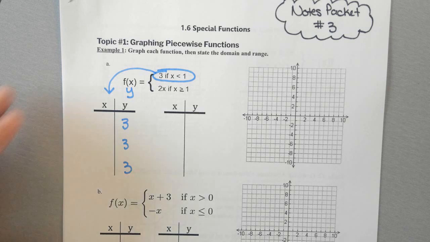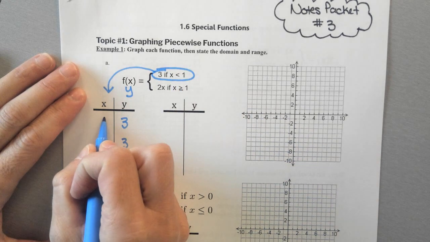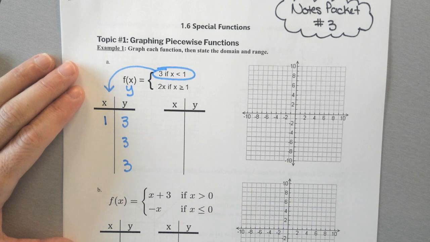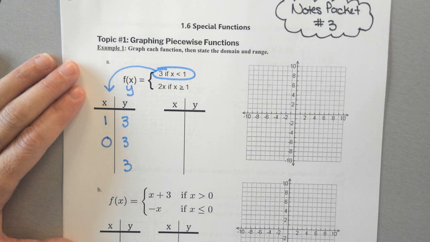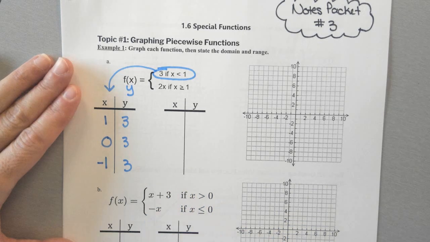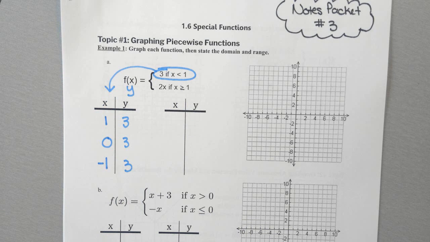So what that means is I'm going to start at 1, and then I'm going to pick values that are smaller than 1. So what's a number smaller than 1? 0. What's another number smaller than 1? Negative 1. Now, could I have picked other numbers? Could I have picked negative 10? Is that smaller than 1? Okay. So I have so many options of what I could have picked.